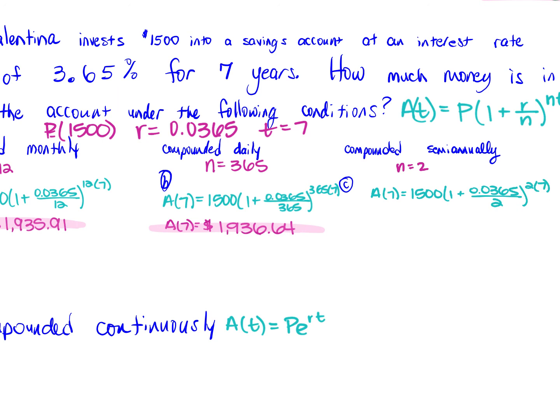So use your calculator. 1500 times 1 plus 0.0365 over 2 to the power of 2 times 7, which is 14, gives you A of 7 is equal to $1,932.20.